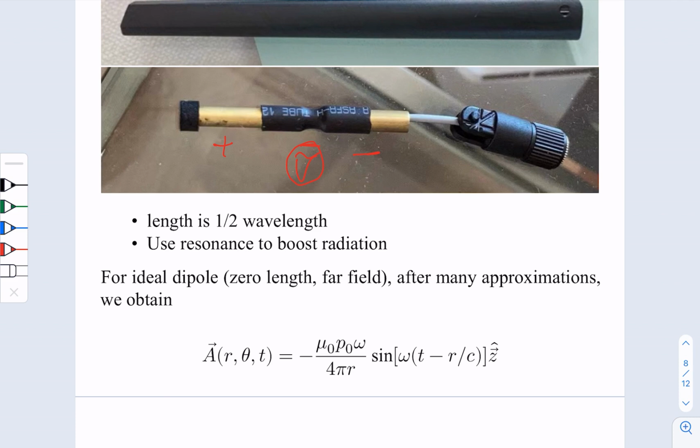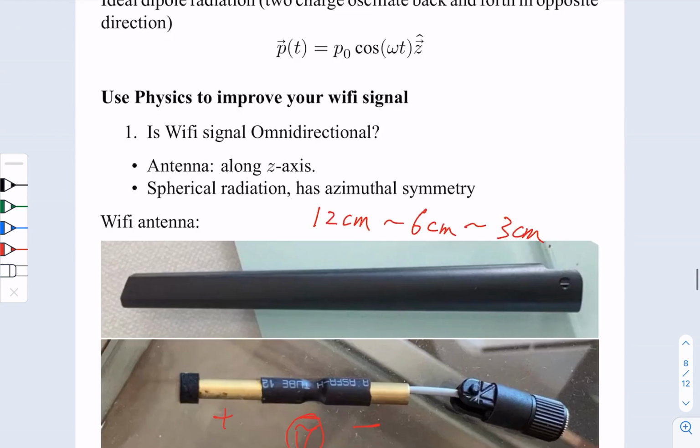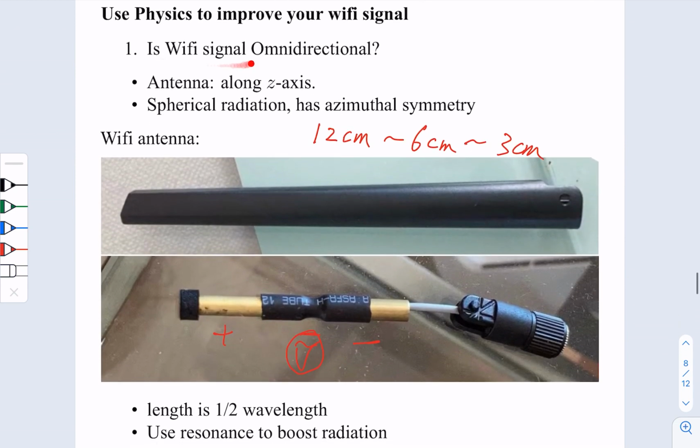By the way, we have to first ask one of these questions. Would you think the Wi-Fi signals are omnidirectional? Would you think the Wi-Fi is exactly the same in all solid angles, no matter where you are from the Wi-Fi antenna?